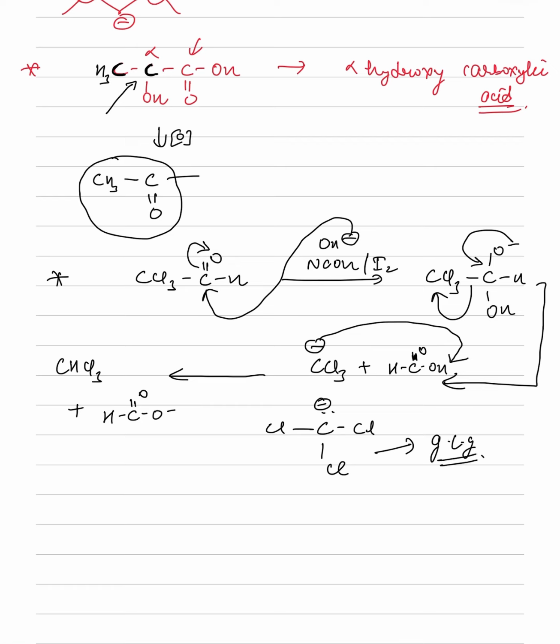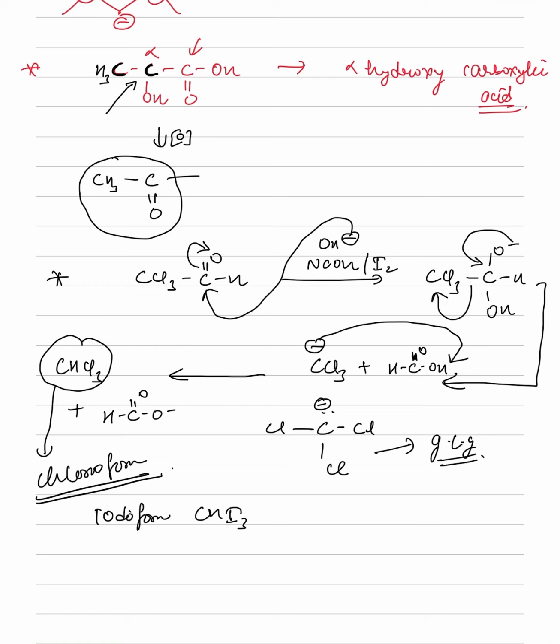Now the point is this molecule also shows the reaction, but it will not show you the positive iodoform test. Why? Because the outcome which we are obtaining is chloroform. This is where the climax comes, right? Iodoform is CHI3, a yellow colored compound, but chloroform is colorless in nature.